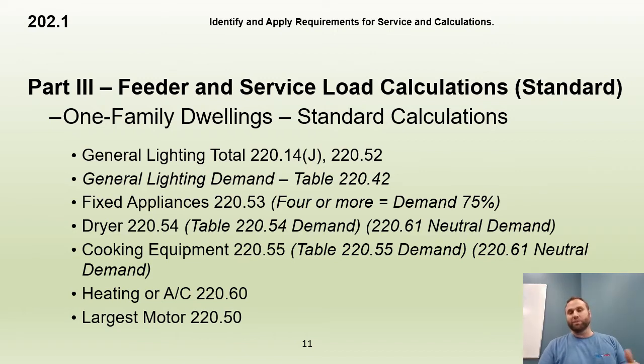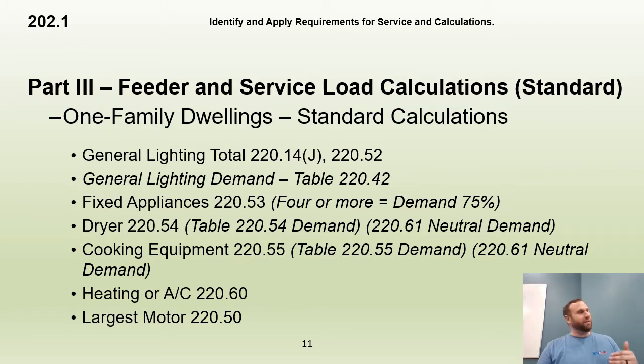Now, there are multiple steps. I call it 6 steps to sizing a house, or 6 steps to totaling my total connected load at its demand factor. Step 1, general lighting load. We find our general lighting load just like we talked about earlier with the floor area.